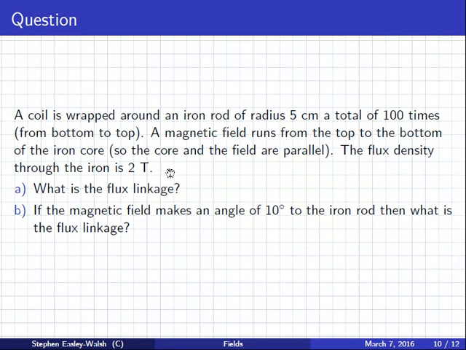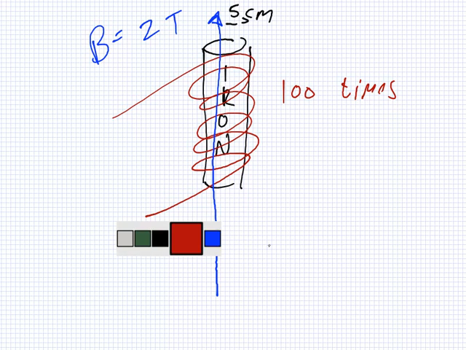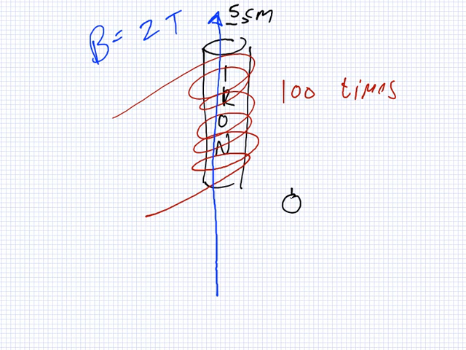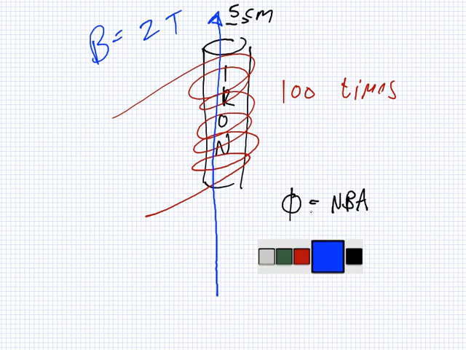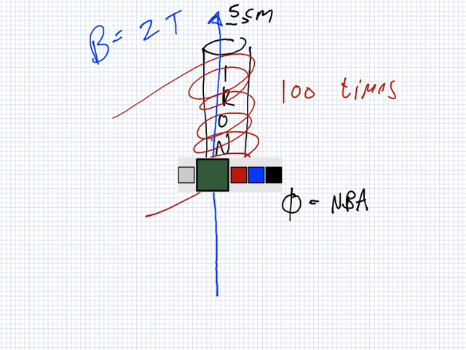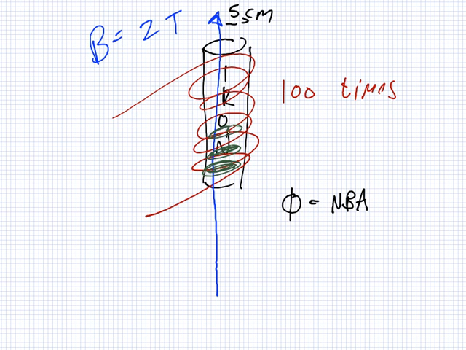And what do I want? What is the flux linkage? So what's the formula for the total flux here? NBA. Now the area here is actually, there are 100 circles.